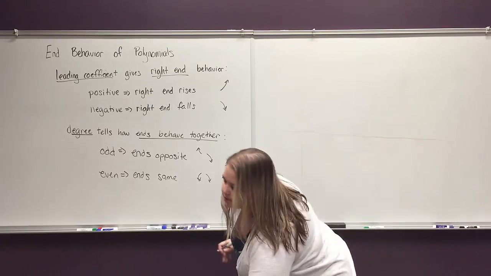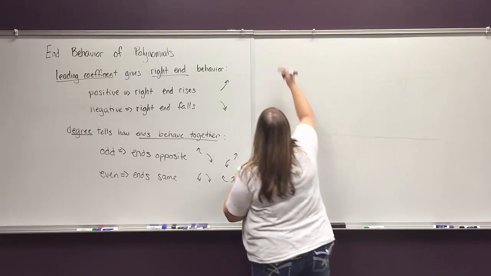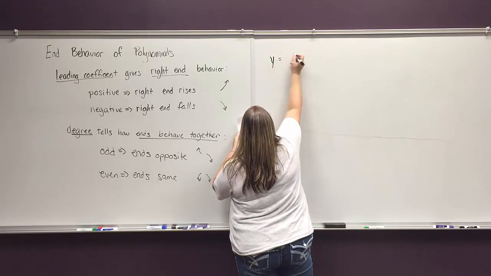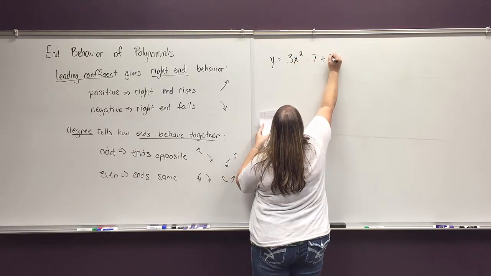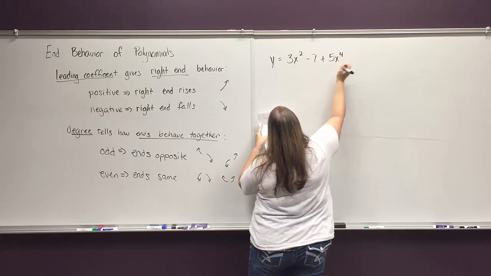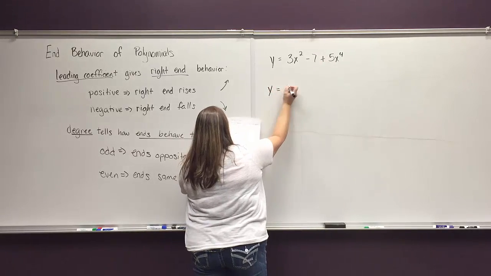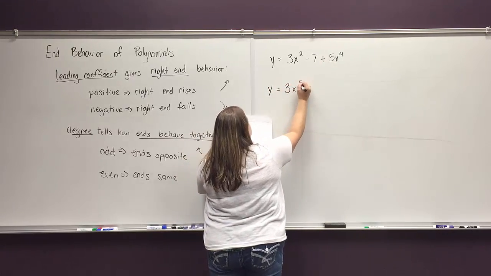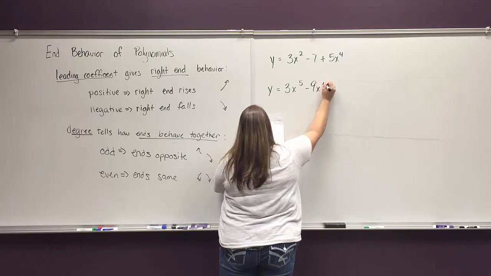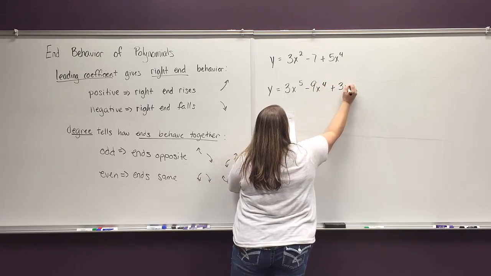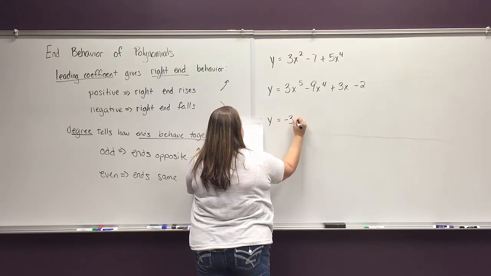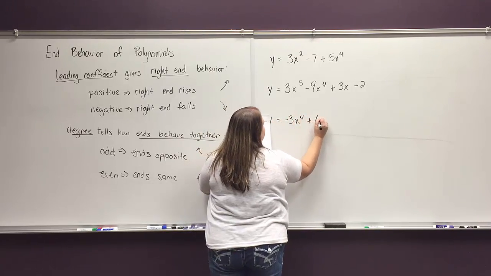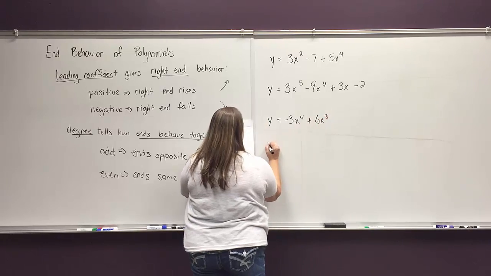So a few examples. y equals 3x squared minus 7 plus 5x to the fourth. That first polynomial example we had. A couple more. 3x to the fifth minus 9x to the fourth plus 3x minus 2. Negative 3x to the fourth plus 6x to the third.